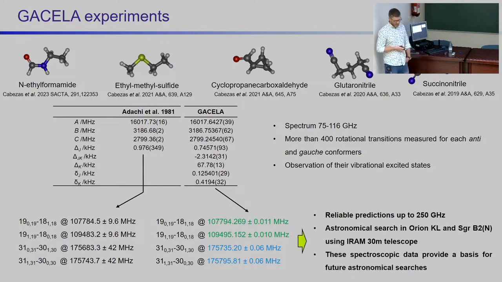Our predictions are accurate enough up to 250, and using these predictions, we were able to do an astronomical search in 2 objects, Orion and Sagittarius B2, using our data from the 30-meter telescope, but we couldn't observe any of these species in our astronomical searches. However, all the parameters determined in this work can be used or will be used in a future search in these sources or in other objects.